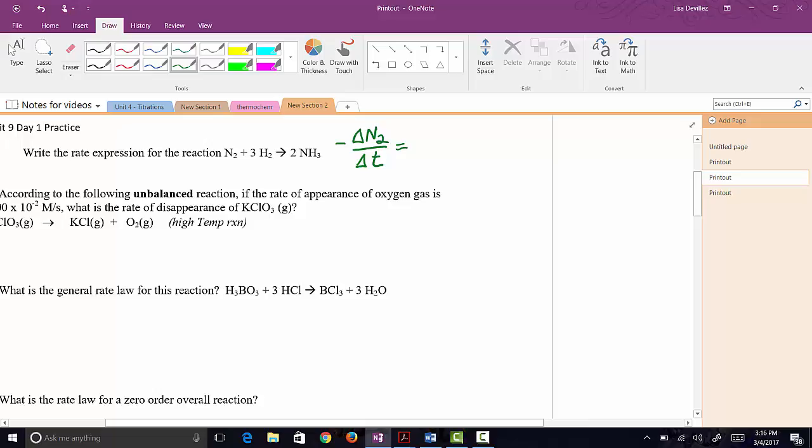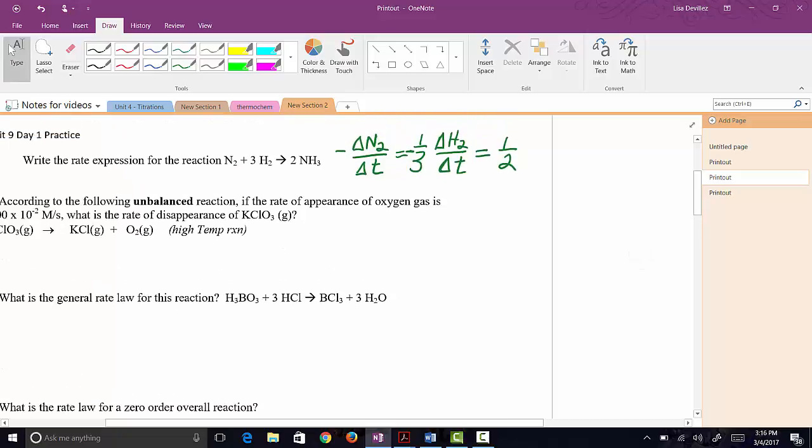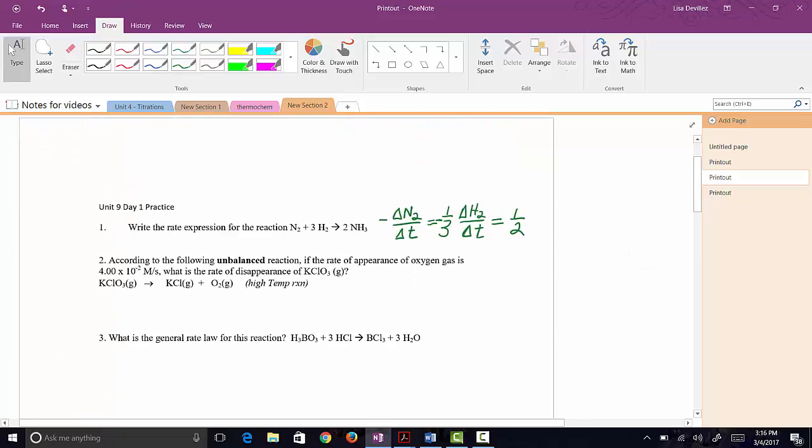The hydrogen is 3 times faster, so that means the rate of the nitrogen is going to be 1/3 the change in the hydrogen. And then it's a reactant, so that's going to be negative as well. And then it's going to be 1/2 the change in the ammonia.